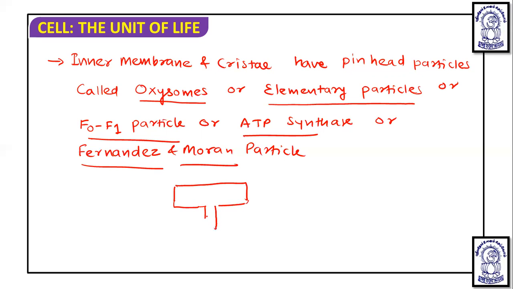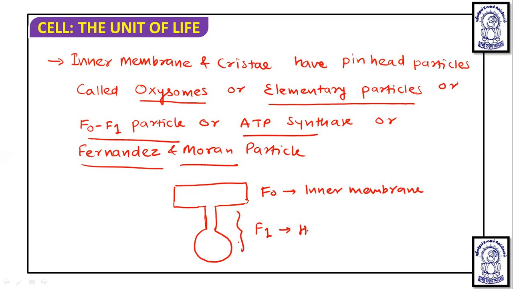The F naught particle is located in the inner membrane, whereas this is the F1 particle, and this F1 particle is the head part which is protruded or extended in the matrix of mitochondria.